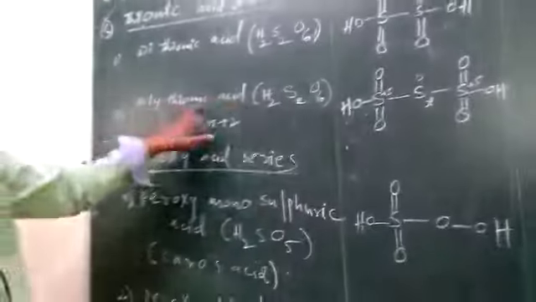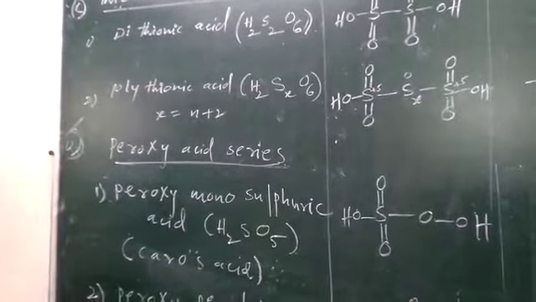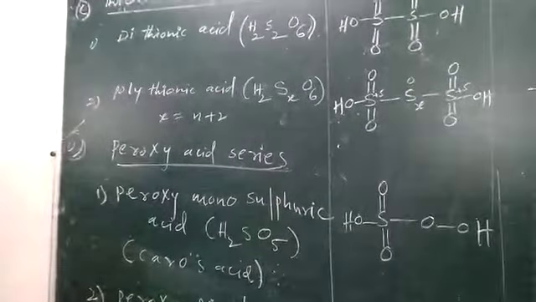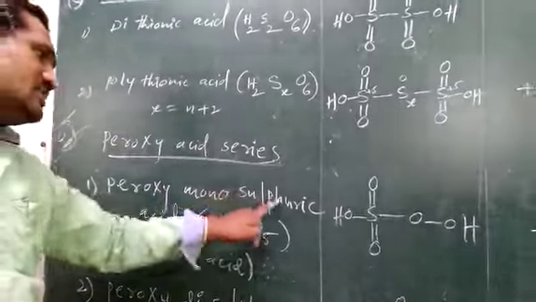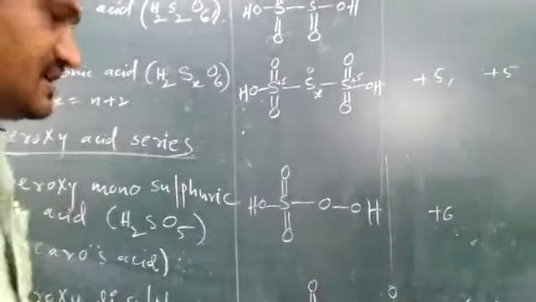That is polythionic acid. The fourth and last series is the peroxy acid series, very important. Peroxy monosulfuric acid, H2SO5. The structure is here.